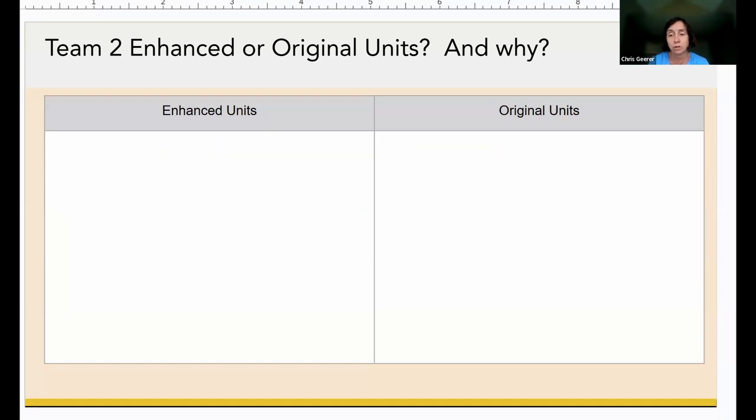Anybody who was in group two want to summarize? What did you find out? Well, some of us are using the enhanced units and a combination of both. Personally, Mark and I like the new enhanced ones because it's easier to take some of the unit challenge scenarios.